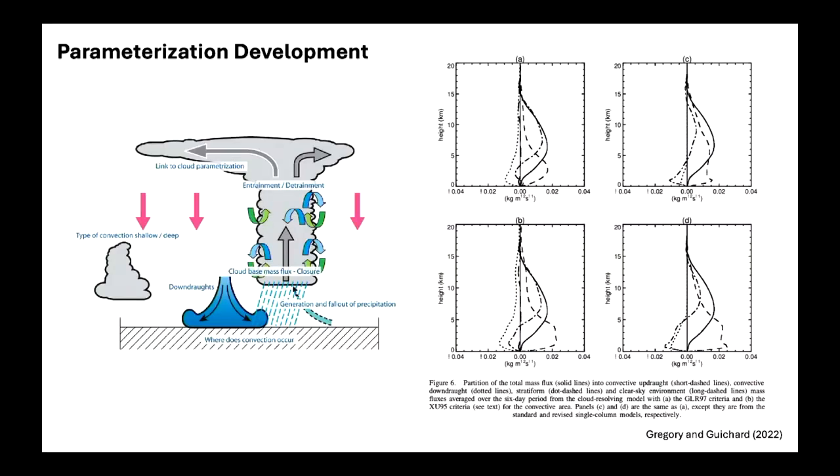These researchers ran many experiments for a variety of cases, and then derived statistically the mean profiles of these mass fluxes related to the different kinds of environments associated with the convection.